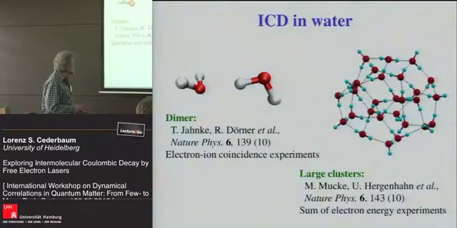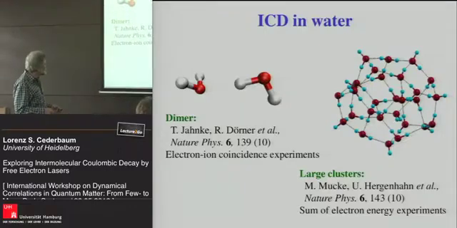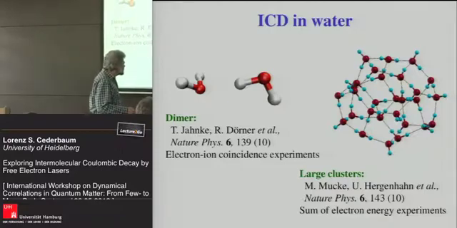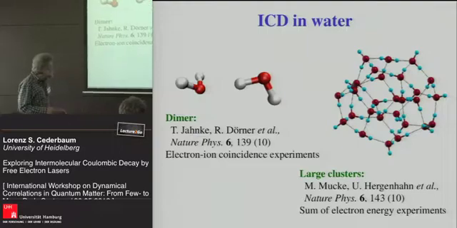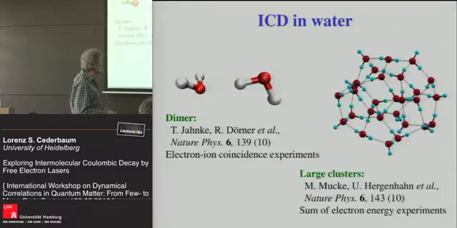Now, I will discuss briefly two measurements, two papers by the Dörner group, which I mentioned already. It's a water dimer, so they have electron-ion coincidence experiments on the dimer. And it's very important that there are also parallel measurements on larger water clusters, where they have developed a new method to identify ICD, because you have to be sure that it's not something else.